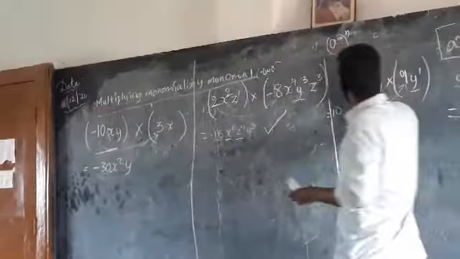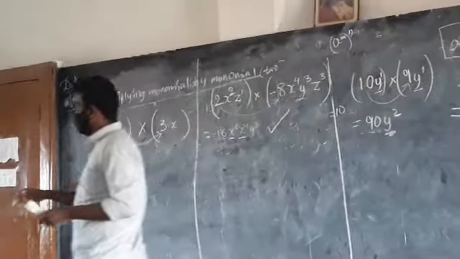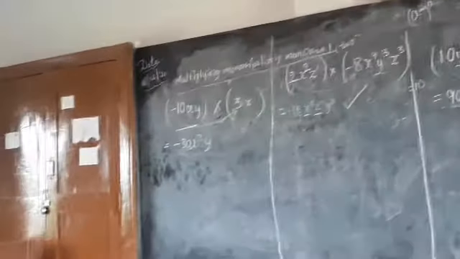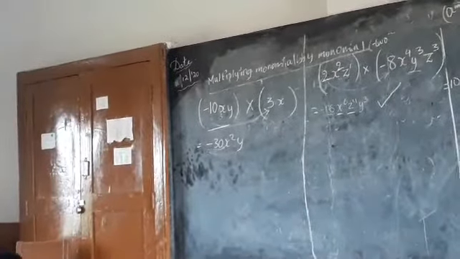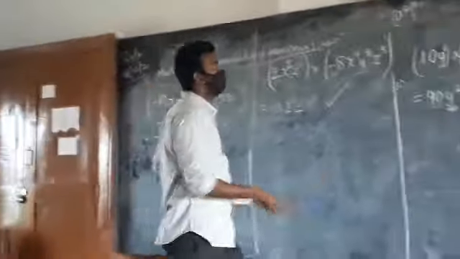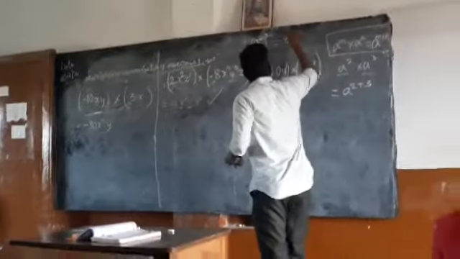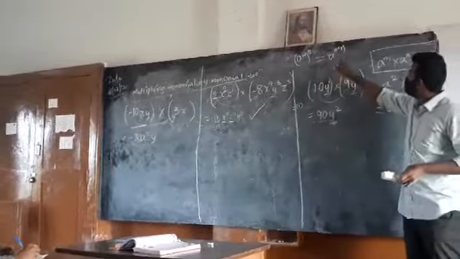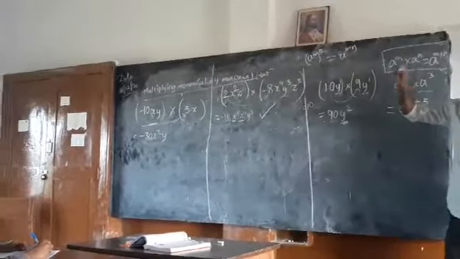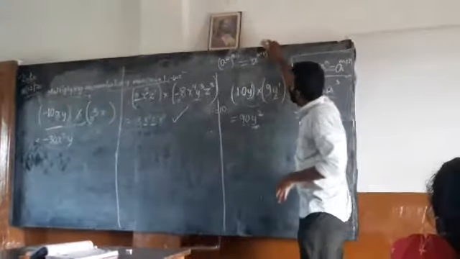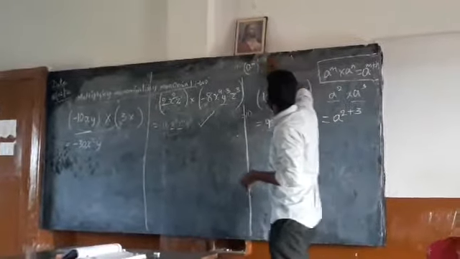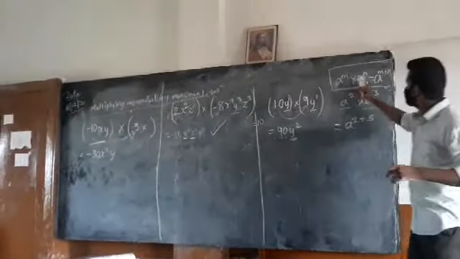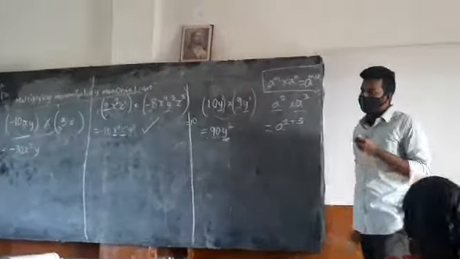If your base contains a power and a power is again applied on that entire base, then those two powers will be multiplied and come as a power mn. Understood? We are not going to use this in this chapter, but I am telling you for your reference. In majority of cases this formula comes into play.